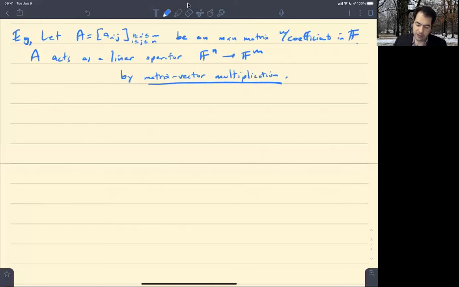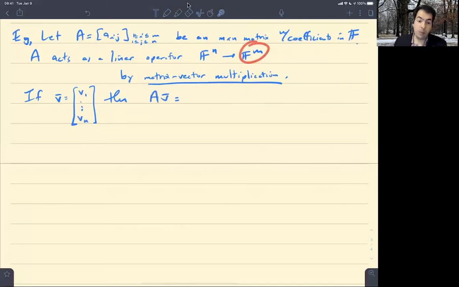Okay, so here's how that's defined. If the vector v, so I'm going to start with a vector in F^n, I'm going to end up with a vector in F^m. So let's say you give me a vector v in F^n, so I have n entries in the field. Then I'm going to define A times v. This is going to be a vector in F^m, so I'm going to have m entries. These are going to be the sum, j goes from 1 to n, of A_1j v_j.